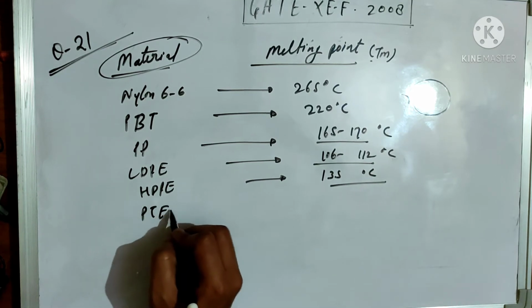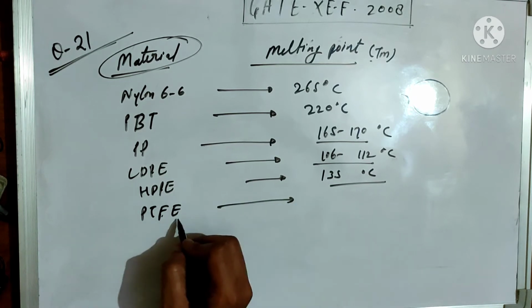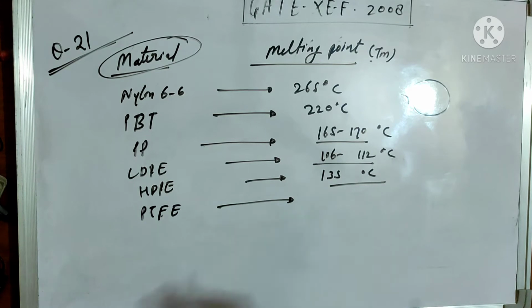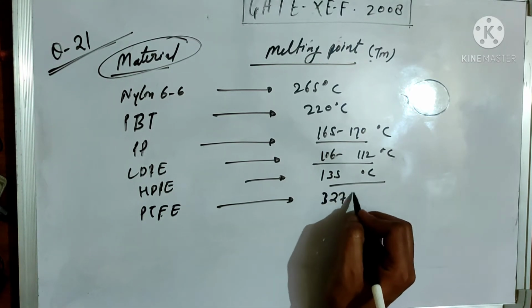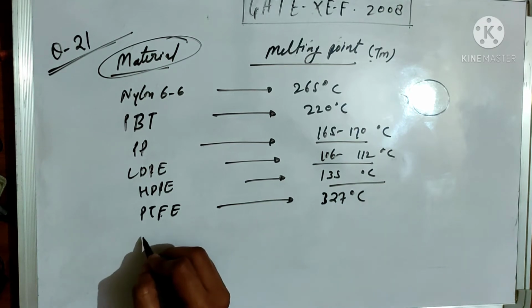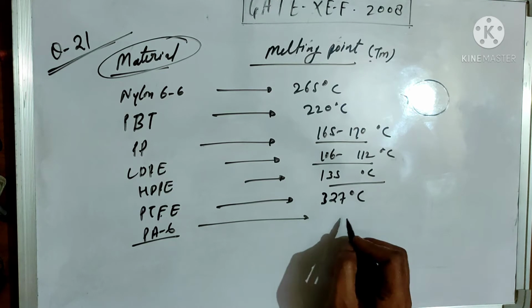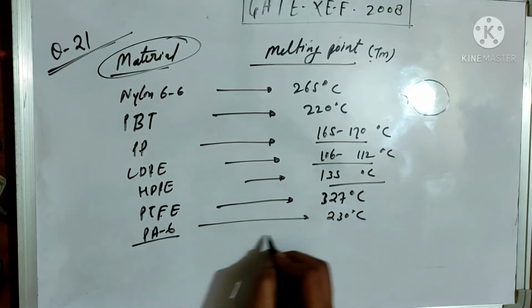PTFE, polytetrafluoroethylene. PTFE has a melting point around 327 degrees centigrade. Nylon 6 has a melting point around 230 degrees centigrade.